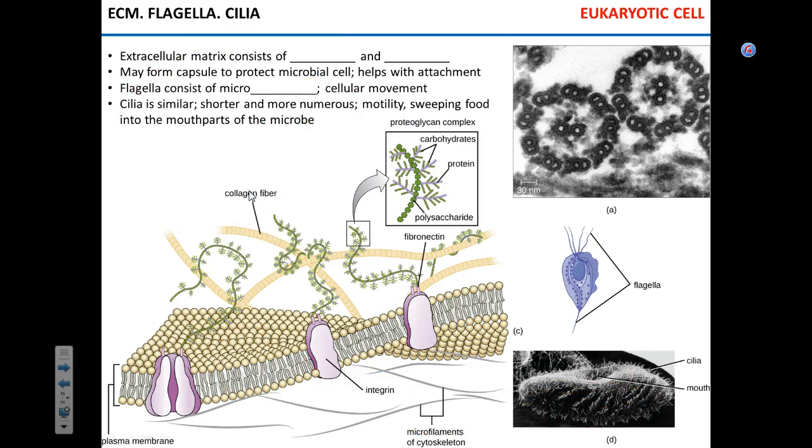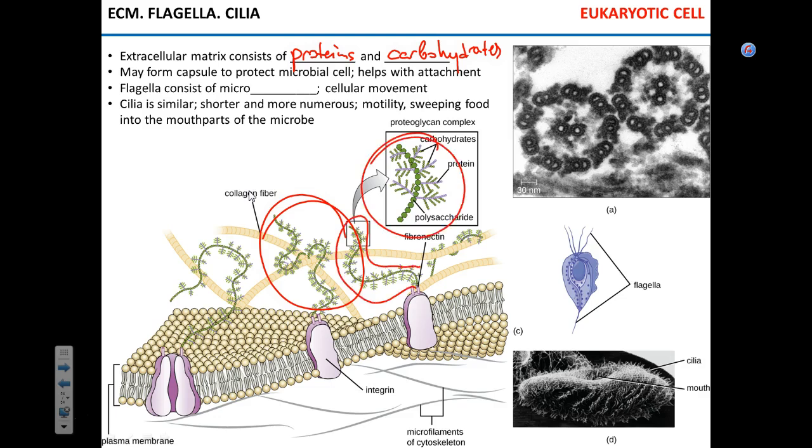Extracellular matrix, flagella, cilia. Extracellular matrix: proteins, carbohydrates. Not on this picture, we don't have it here. You can see the carbohydrates, okay? Proteins and carbohydrates, okay? Forms a capsule.